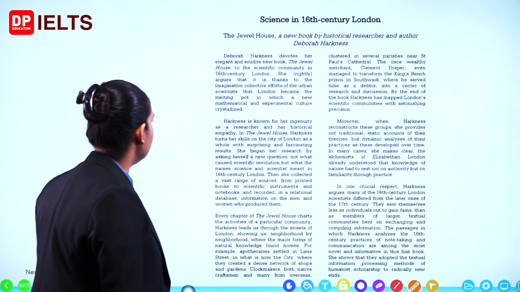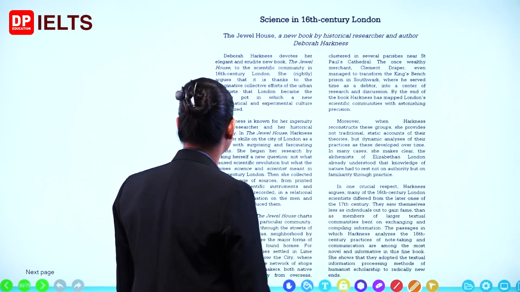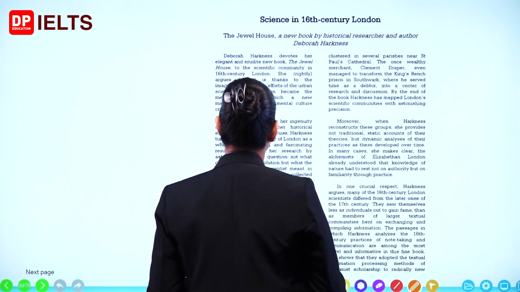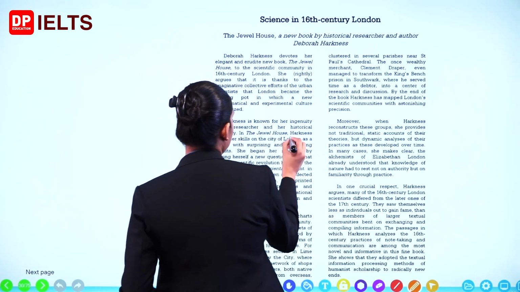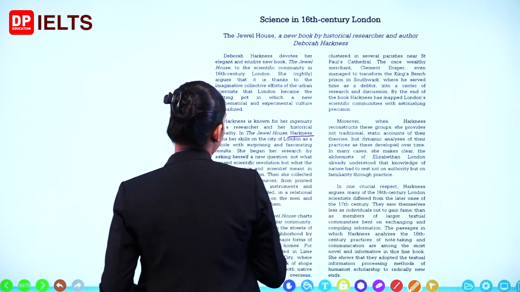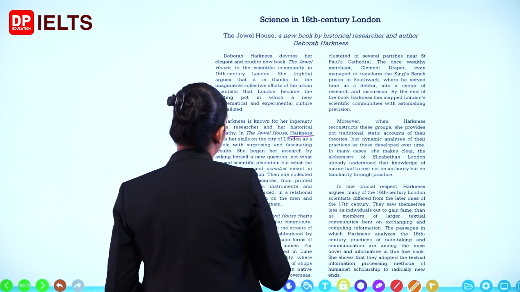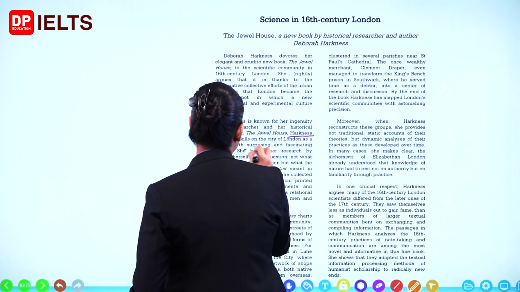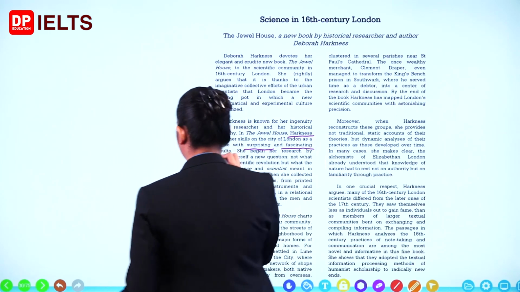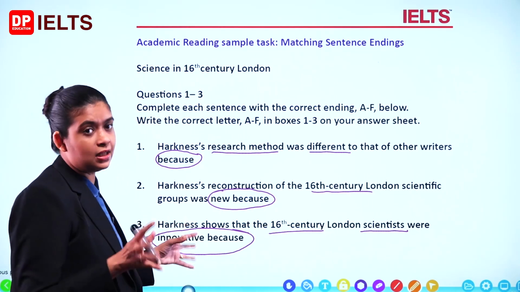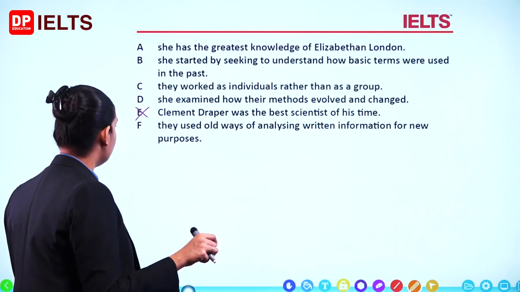So we have to see why it was different, okay? See, Harkness turns her skills on the City of London as a whole with surprising and fascinating results. Now, what was our question? Research method was different. It was surprising. But why?